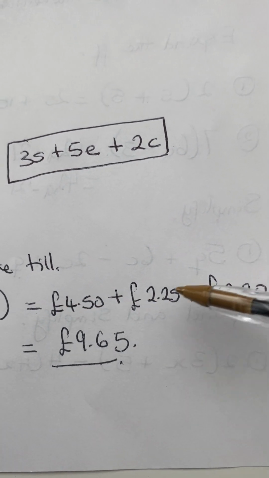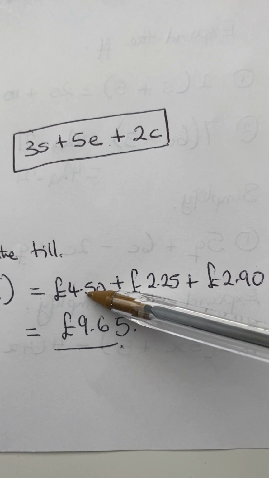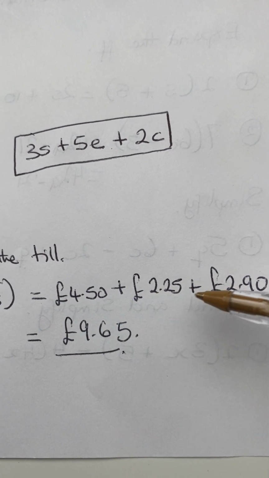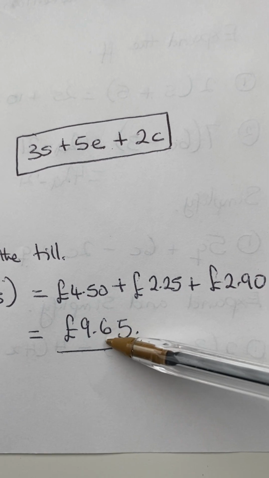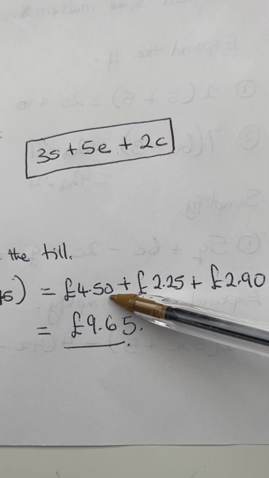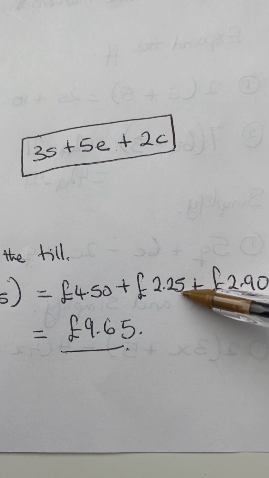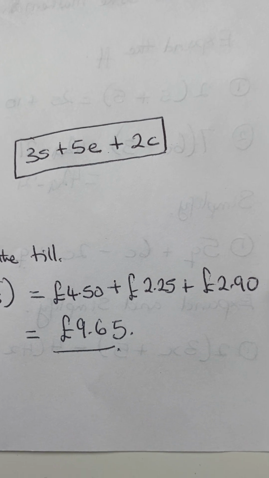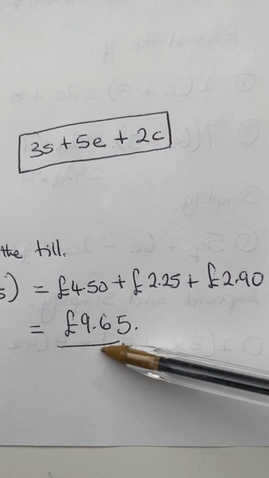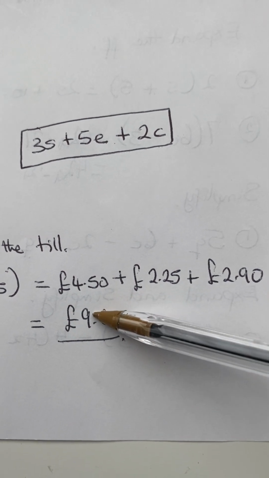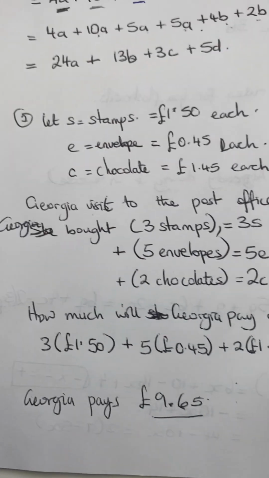So if you add all, okay, even if you estimate £4, £2, and another £2 is £8. Okay, 50 add 25 is 75. Add 90 is 165. So if they give her this price at the till, then it's right. Okay, so Georgia will pay £9.65.